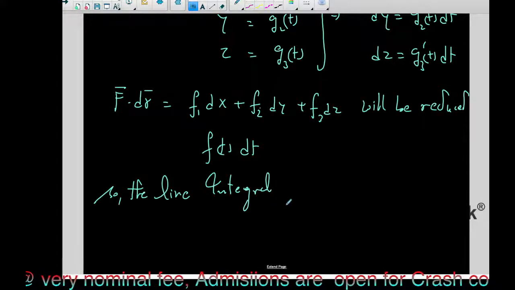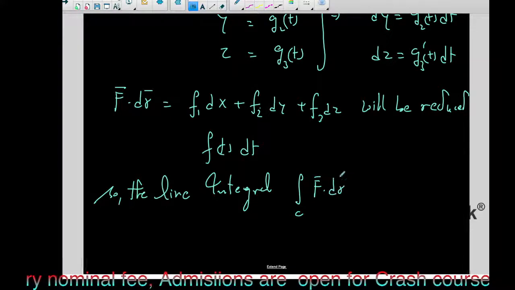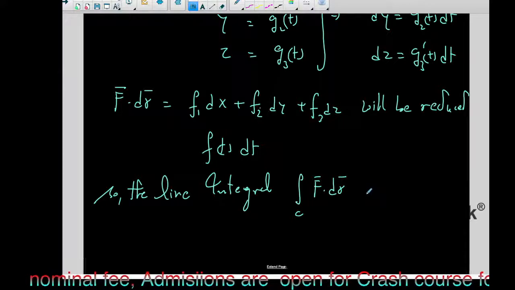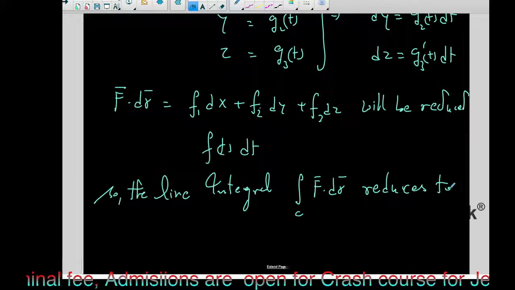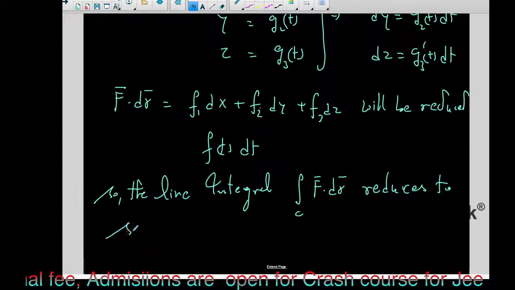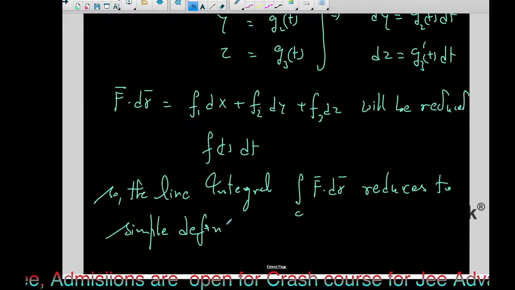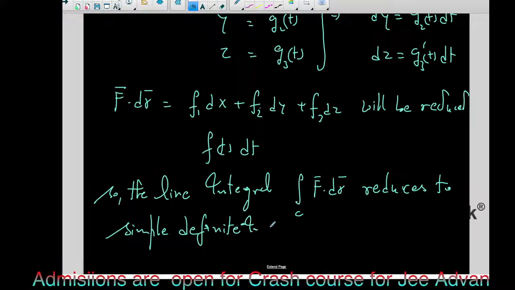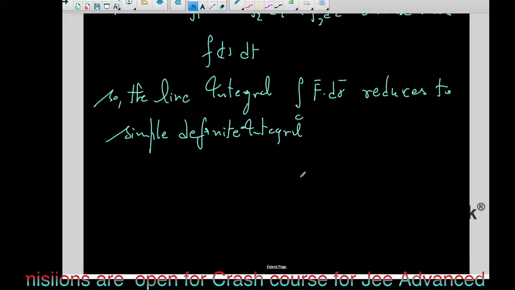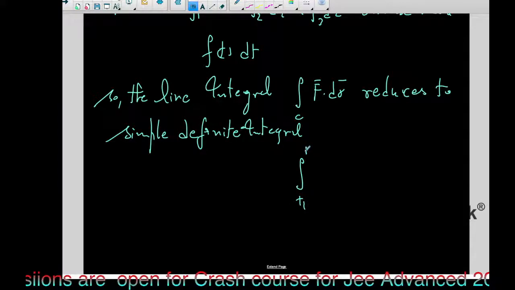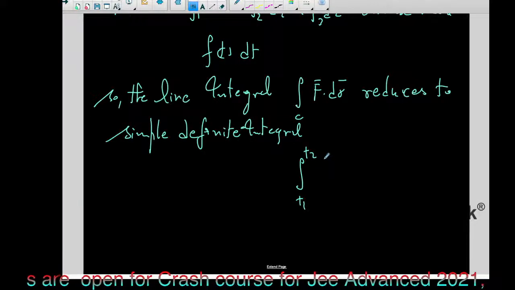The line integral will become this way. The integral over c of f dot dr reduces to a simple definite integral, the integral from t1 to t2, where t1 and t2 are the corresponding parametric points.